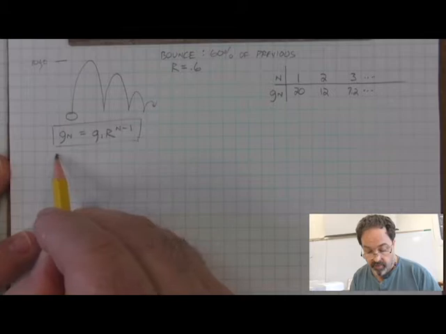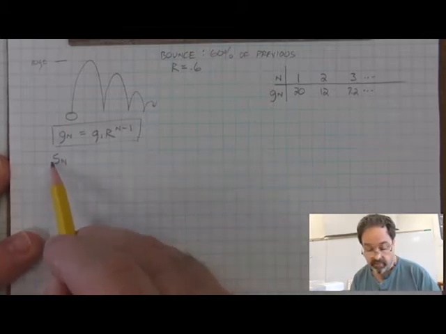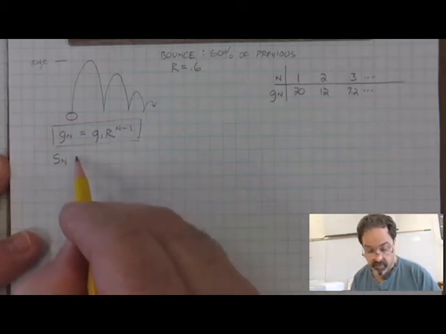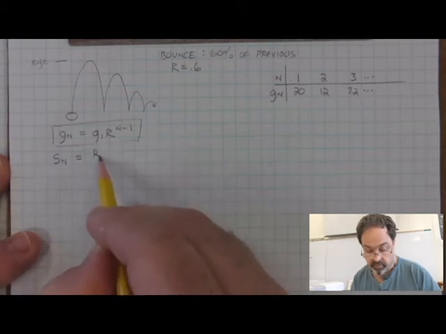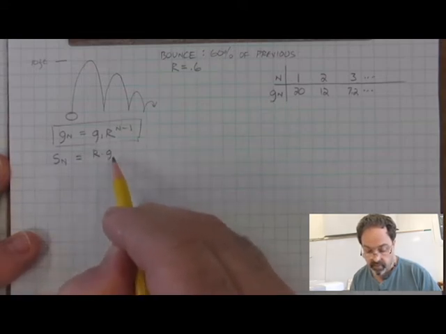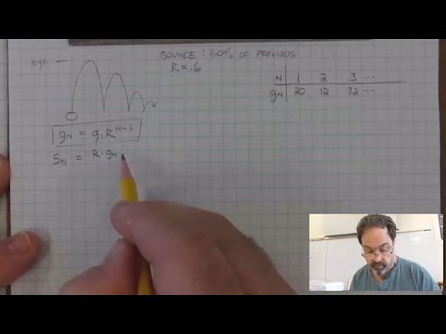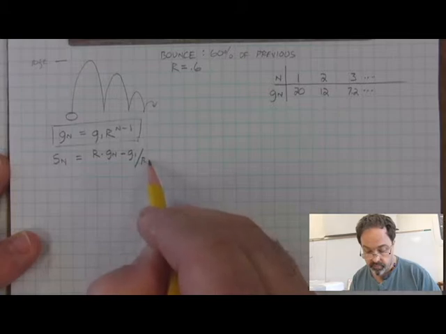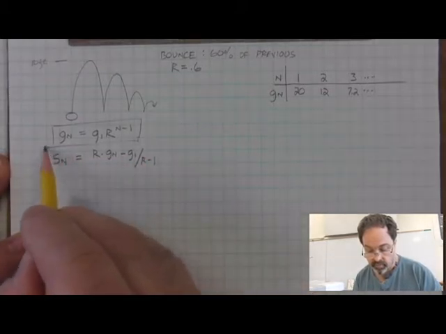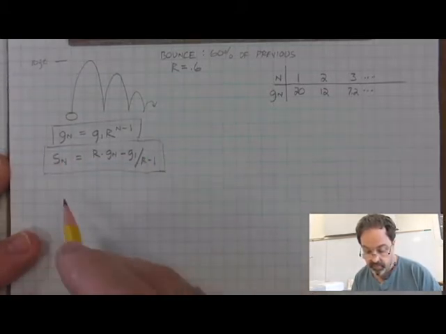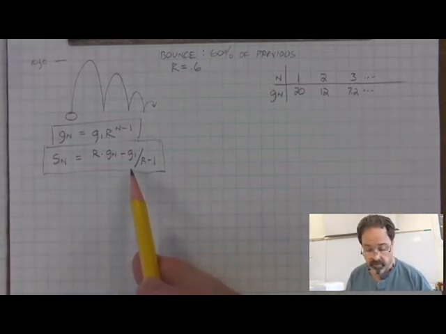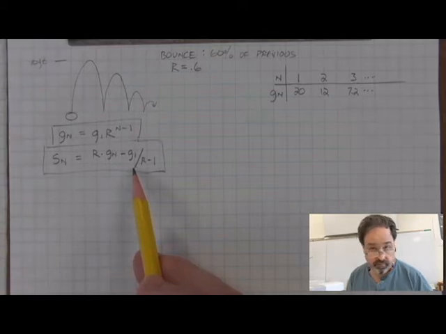I know that if this is a geometric sequence or series, then I can sum the first n number of terms with the formula S sub n is equal to the constant ratio times the nth term minus the value of the initial term over the constant ratio minus 1, which is a pretty sophisticated formula, but we could use it to find the total distance traveled in the first 15 bounces.